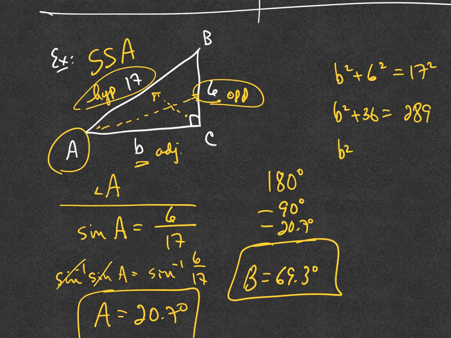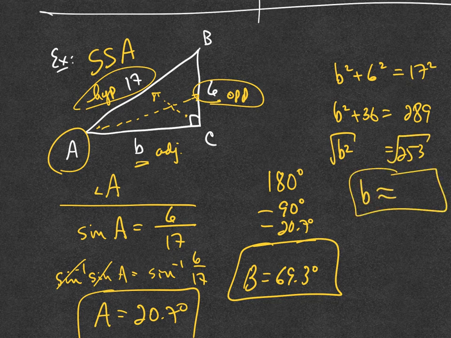So when I move 36 to the other side, I get 253. And then to get rid of the power of 2, we just take the square root of both sides. So b then is going to be the square root of 253, which is approximately 15.9. Okay, and we have our three missing pieces.